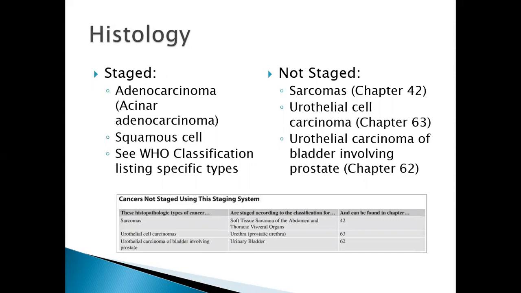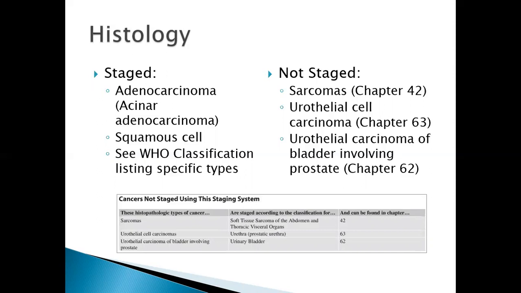So depending on the site and the chapter, it will tell us the specific histologies that we use that chapter for. There's also a notation on the first page of each chapter that lists the cancers not staged using that chapter.